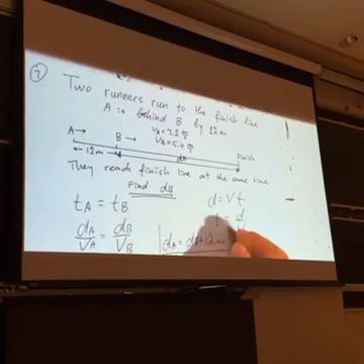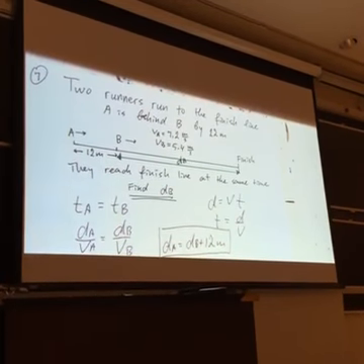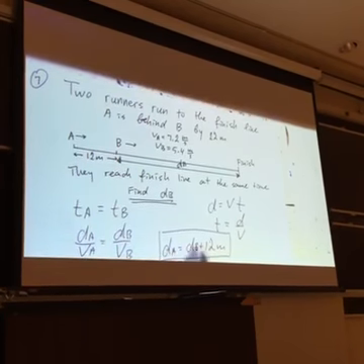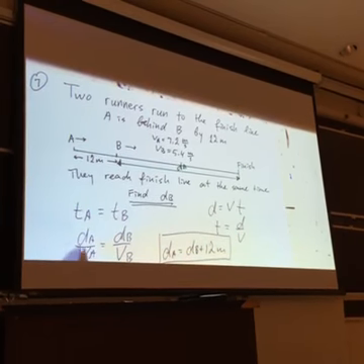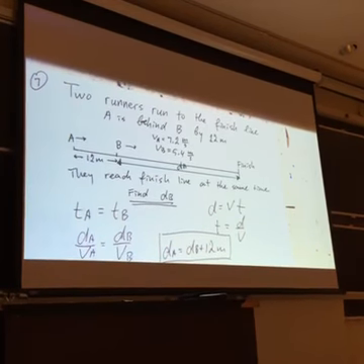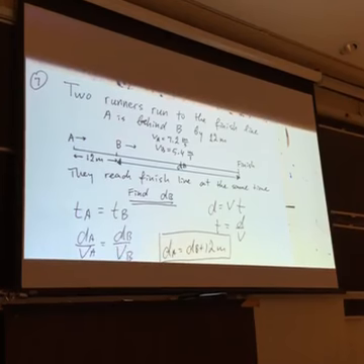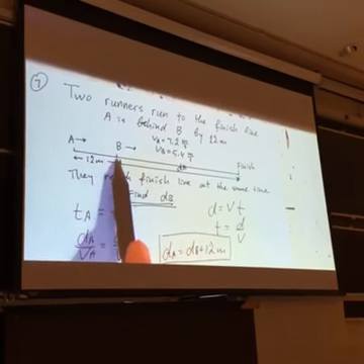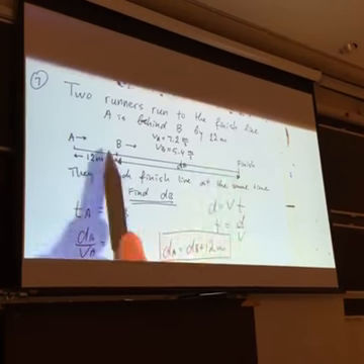Right? So you can put this dB plus 12 meters in this equation. You can replace dA with dB, and then you get one equation with one unknown, which is the thing that you are trying to find: dB, distance of B from the finish line.